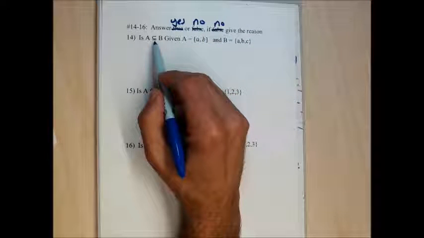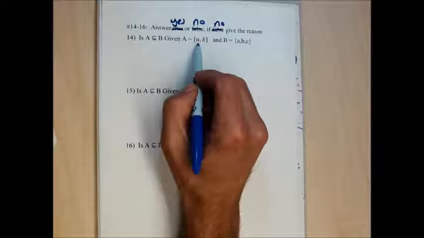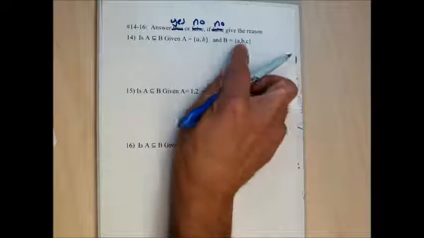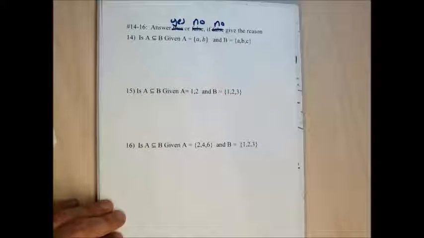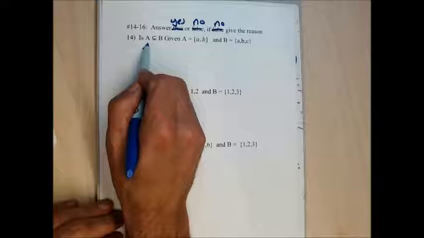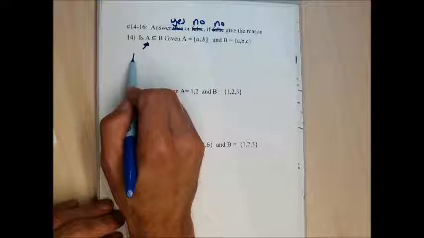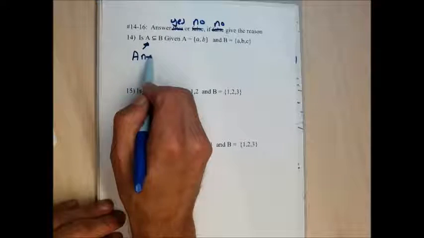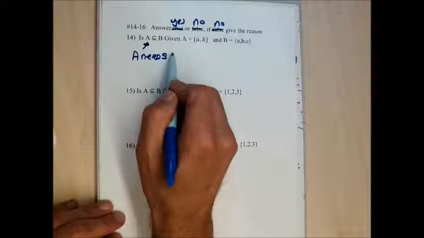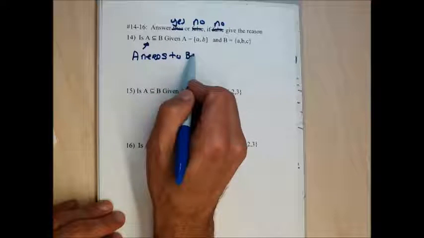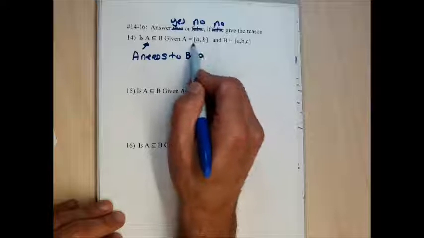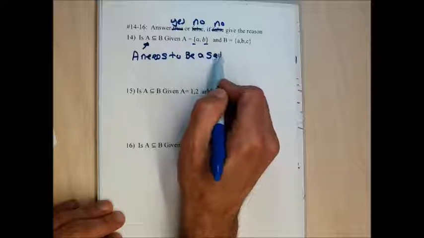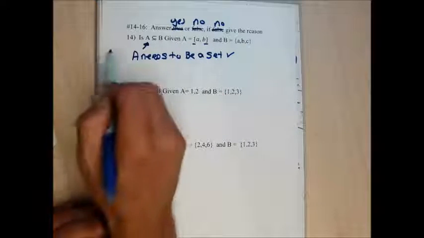Is A a subset of B, given A is the set that contains A and B is the set containing A, B, and C? For this symbol to be true, remember there's 2 things. A needs to be a set, and to be a set, you just need the set braces. So A is a set. I satisfied rule 1.